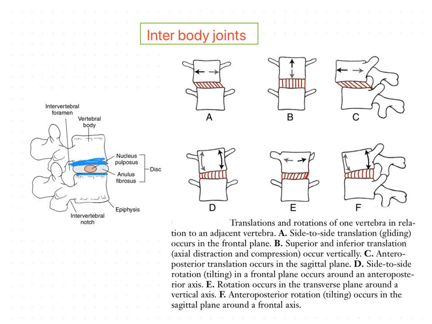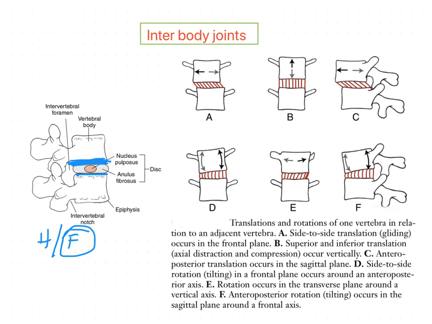So why is it called a secondary cartilaginous type of joint? Normally in cartilaginous joints, the connecting material between the two components is cartilage. It may be hyaline cartilage or fibrocartilage. This one is the secondary cartilaginous type of joint, the symphysis type, mainly connected by fibrocartilage.